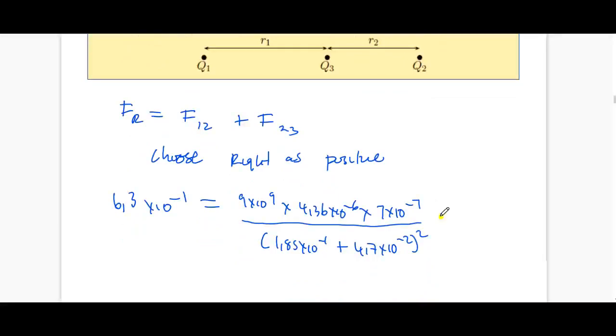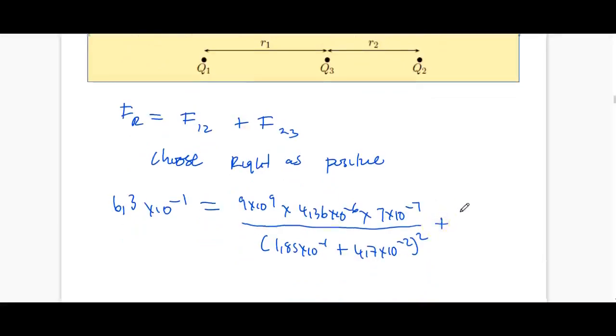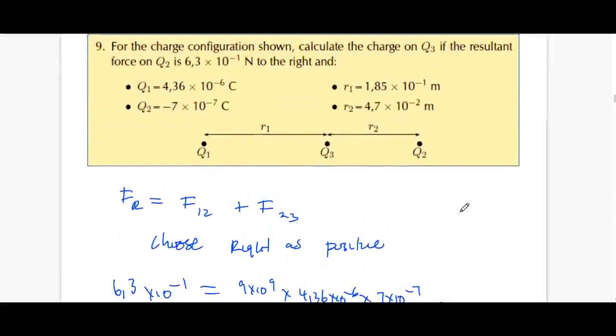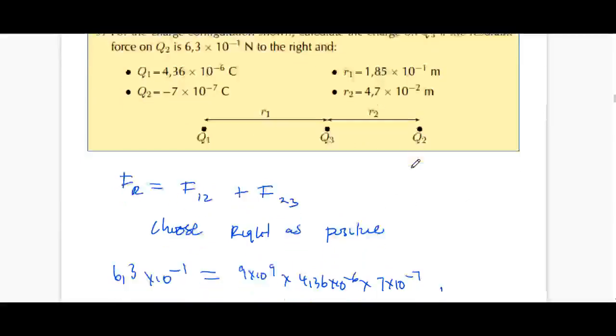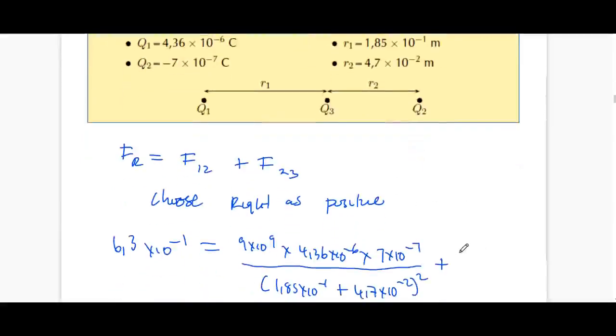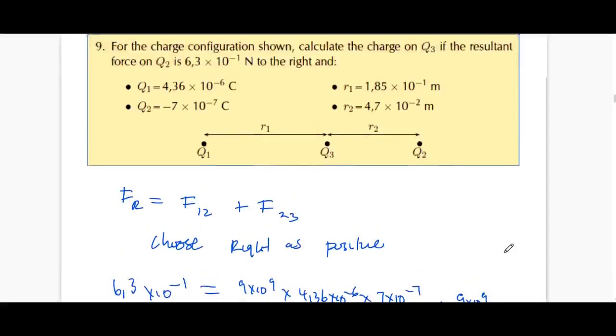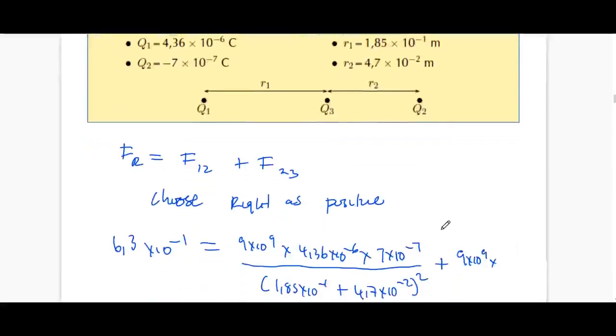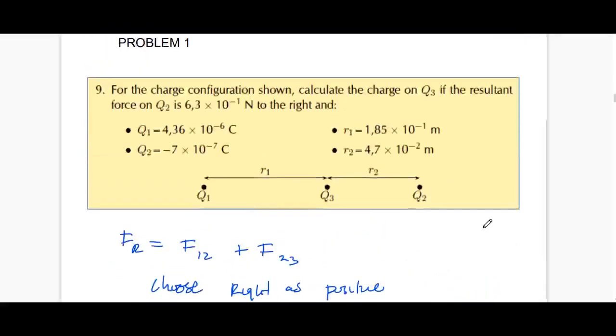Plus F23. Okay, so F23 we know that it's 9 times 10 to the power 9 multiplied by charge 2 multiplied by Q3. How much is charge 2?